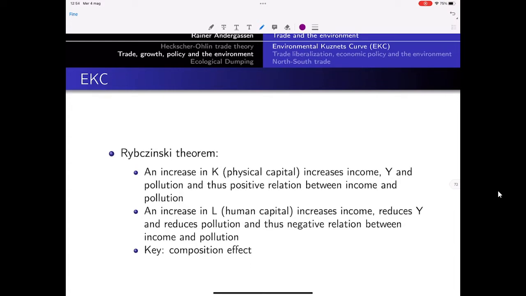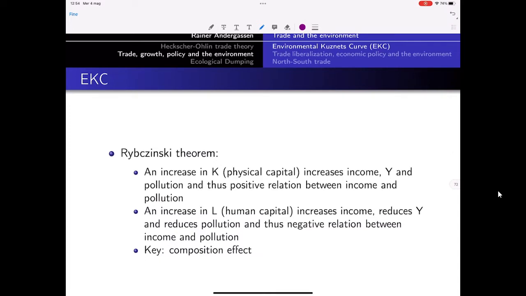So the first story here, using the Rybczynski theorem, uses the idea of a change in the structure of the economy. So it's just a composition effect. According to this theory, the environmental Kuznets curve is explained by a change in the structure and therefore the composition of the economy.